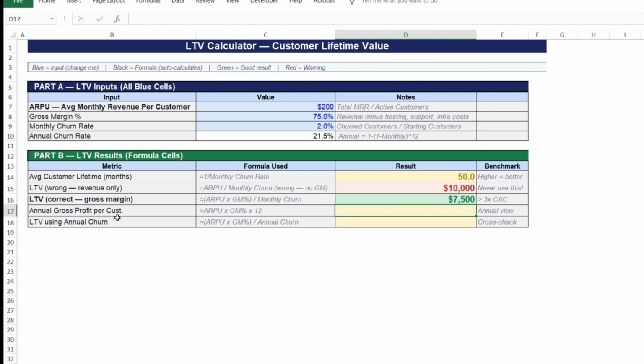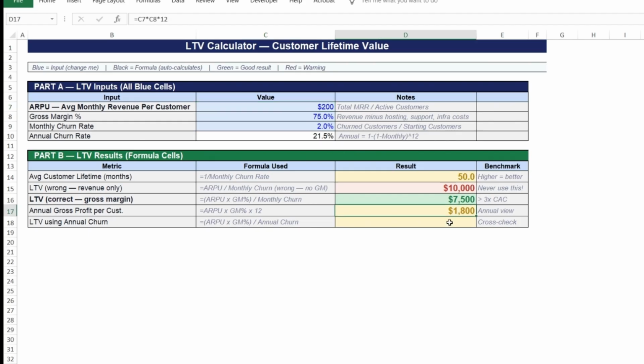Next, we need to calculate annual gross profit per customer. So now we are calculating the gross profit on an annual basis. It is very simple: 200 into 75% into 12, which comes out to be 1800. So in a year, if we go by the same rate, we will earn a gross profit of 1800.